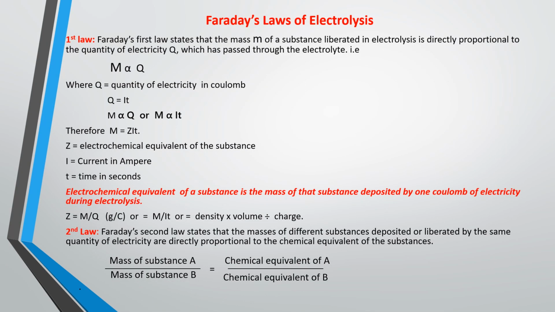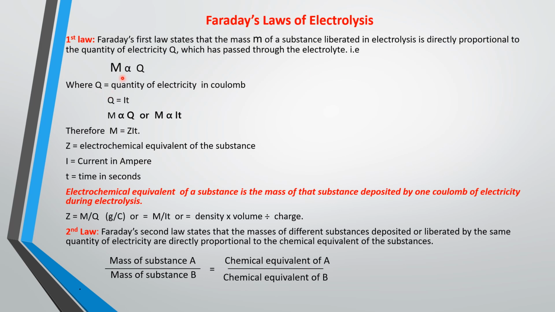Now, this is a man that actually studied the process of electrolysis, and he came up with two laws. The first law of electrolysis by Faraday states that the mass of a substance liberated or deposited in electrolysis is directly proportional to the quantity of charge or the quantity of electricity which is passed through the electrolyte.